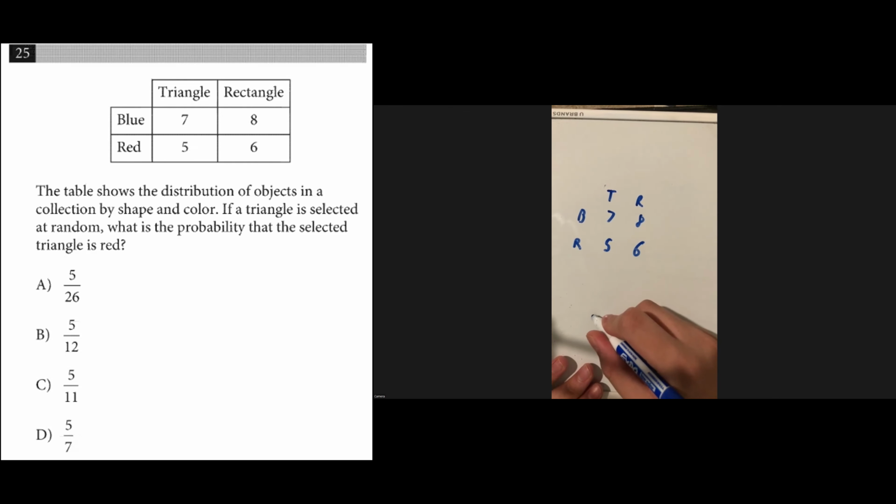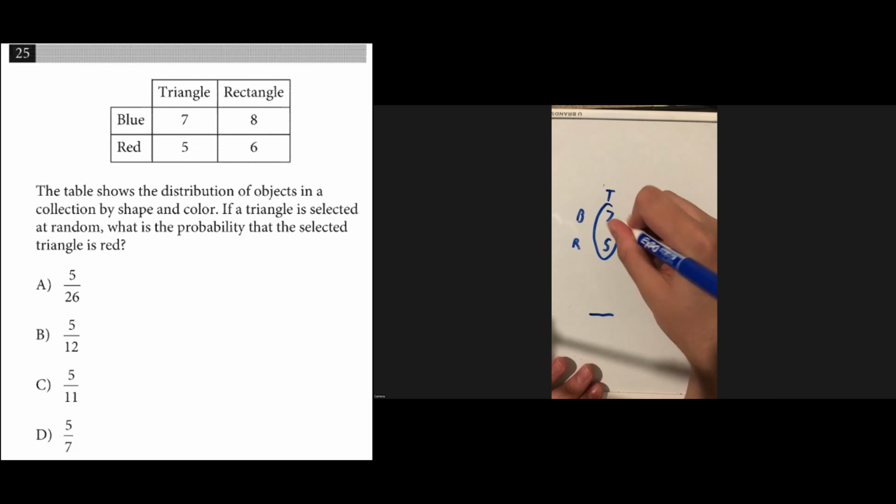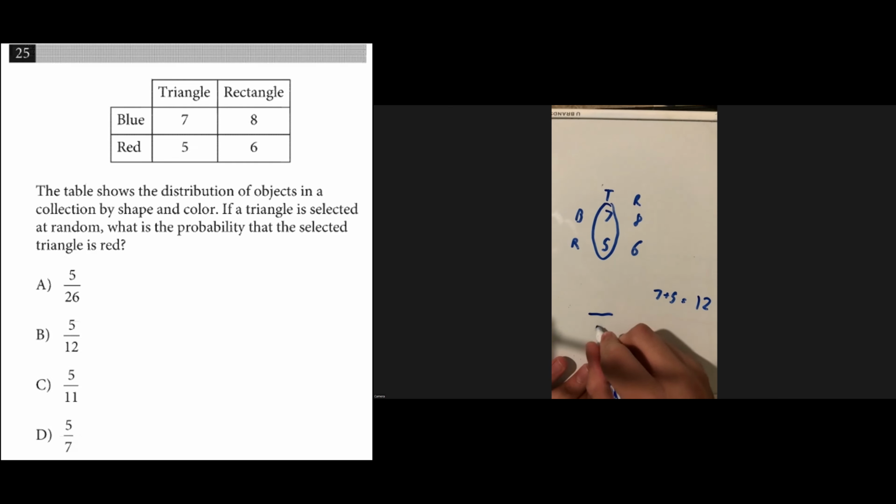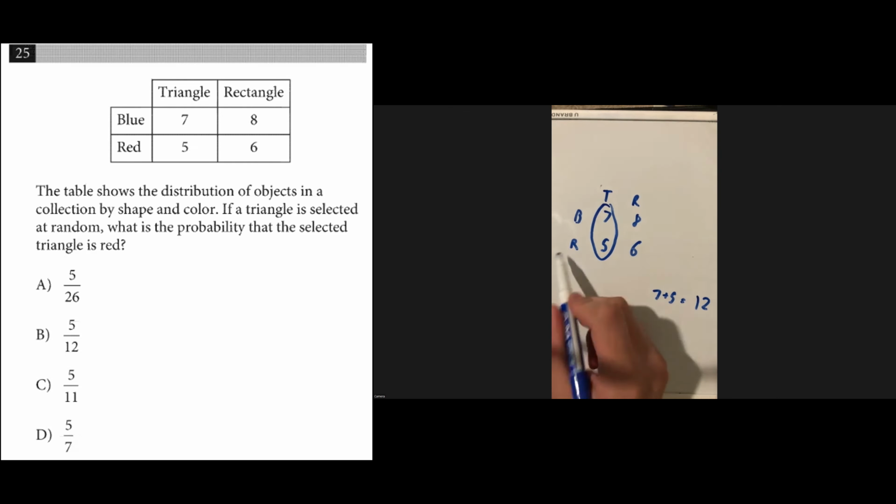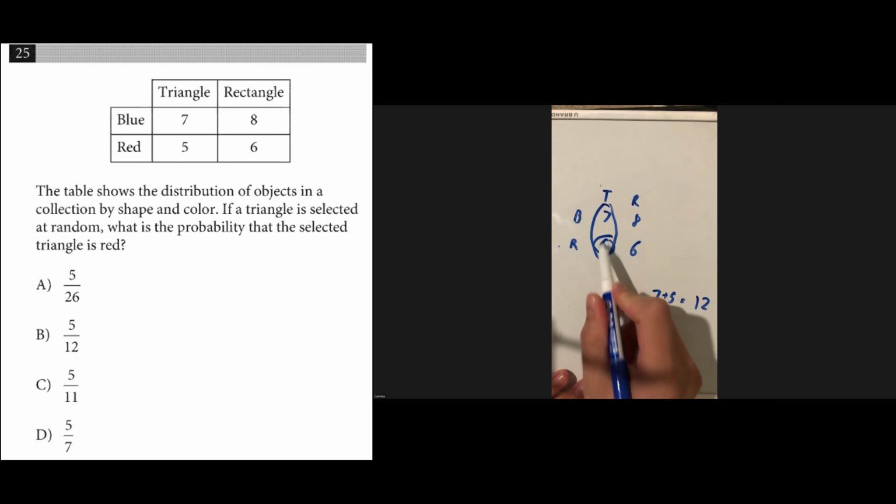So for a fraction, the bottom number must be the total of these two numbers. So we have 7 plus 5, which is equal to 12. So this bottom number must be 12. And then it asks us, what is the probability that the selected triangle is red? So we look at red, we said that it's 5. So the top number would be 5. And the correct answer is 5 out of 12, which is answer choice B.